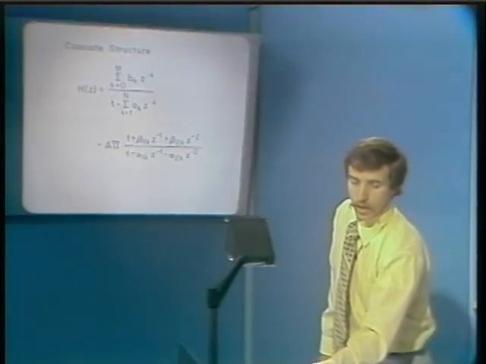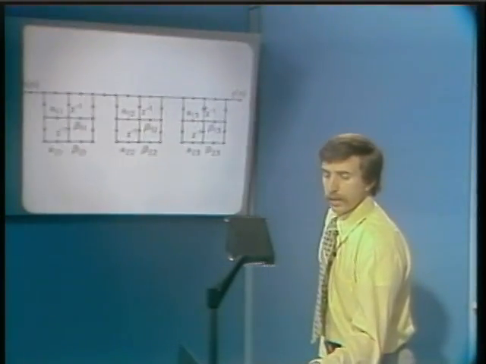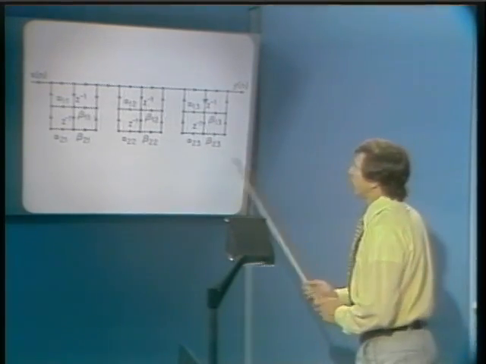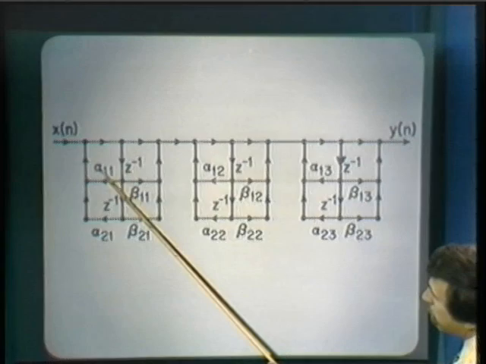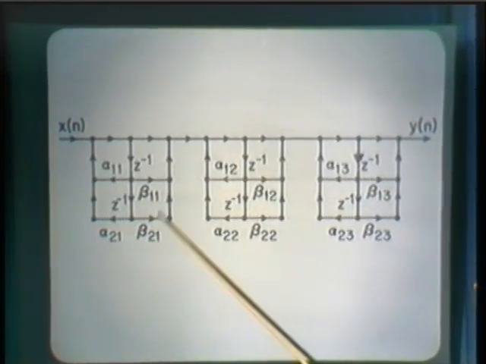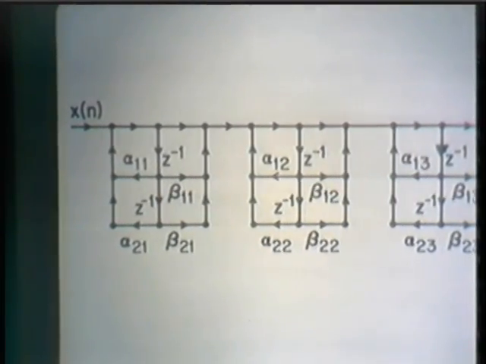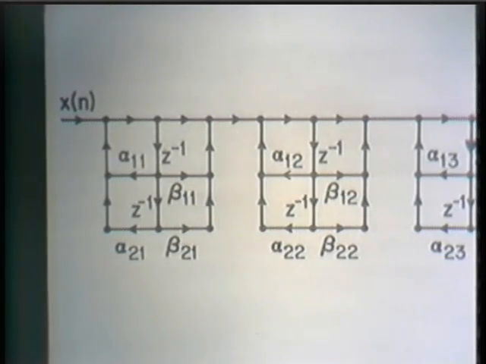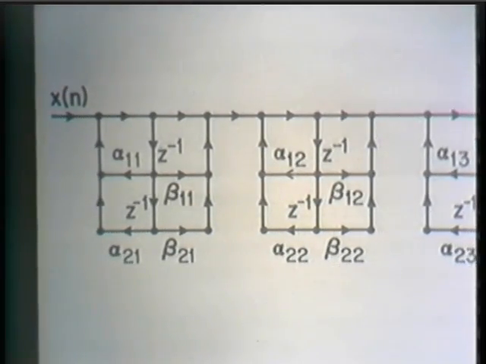One implementation, which is a canonic direct form, is the implementation that I indicate here, where this is the coefficient alpha 1,1, the coefficient beta 1,1. It's a little hard to see where each of these coefficients goes. But this is a canonic form implementation of a second-order section that is 2 poles and 2 zeros.